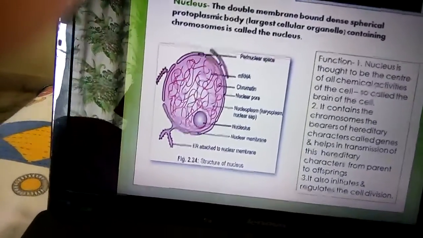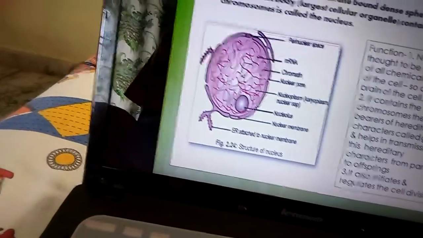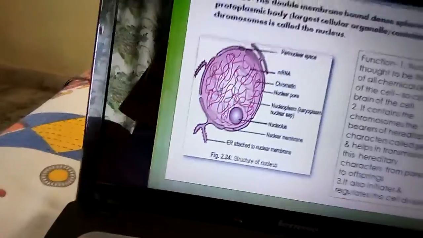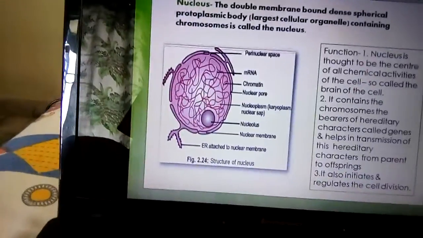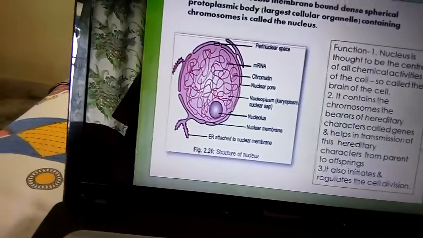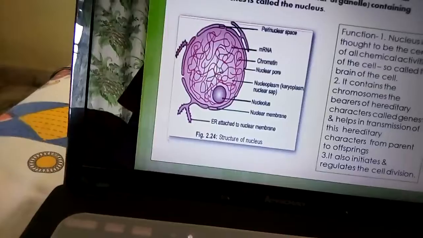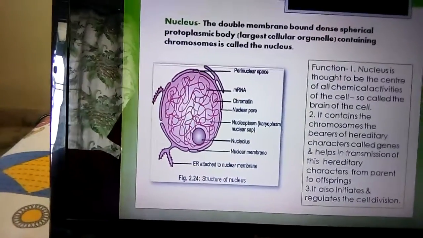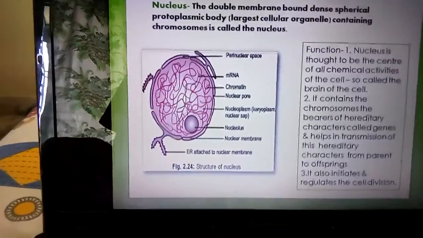What is its function? During cell division, thread-like bodies called chromosomes are developed from this reticulum. They contain the hereditary material, that is DNA, and control the characters of the organism.